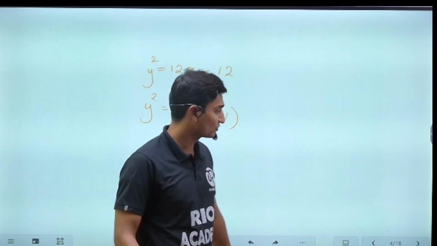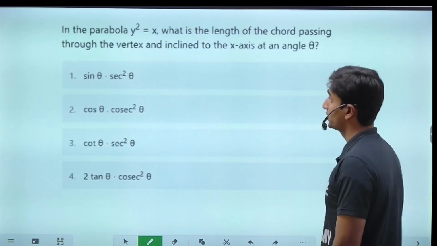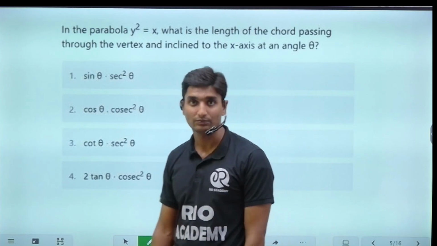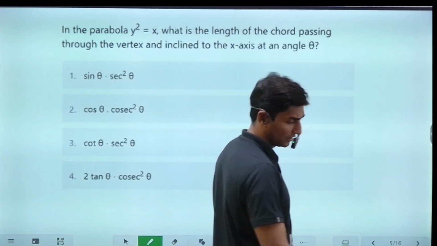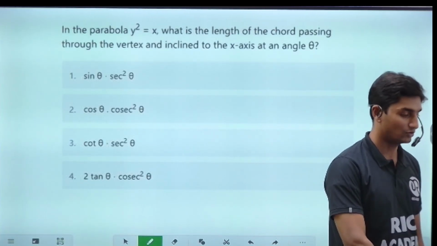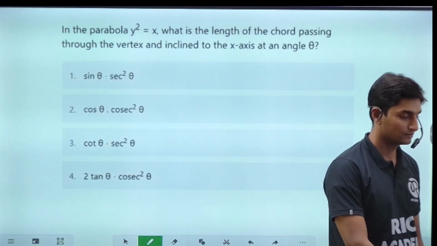So now we'll move on to the next question, guys, considering that you don't have any particular doubts. Many of the students get really confused and are afraid whenever they see these kinds of questions. So just try to read out the question and understand.